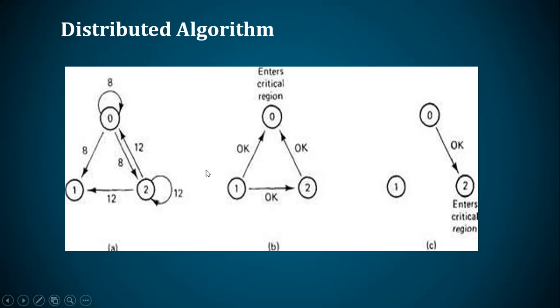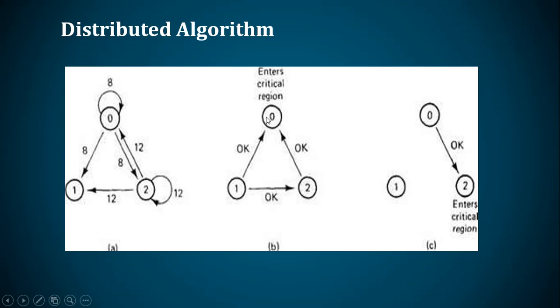Now processes 0 and 2 both see the conflict and compare the timestamps. Process 2 observes that it has lost, so it grants permission to 0 by sending an OK message. When a process has received OK messages from all other processes, it enters inside the critical section. Here we can see that process 0 has received OK message from process 1 as well as from process 2.